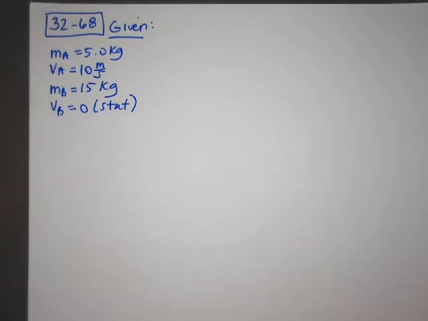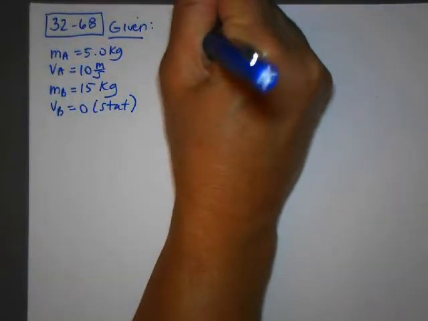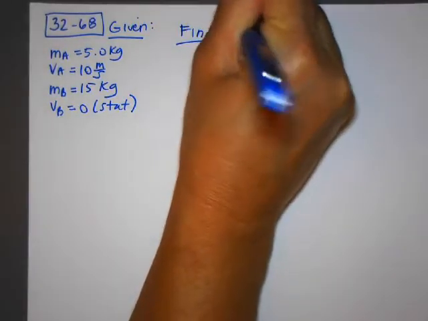So we want to find, so it's perfectly inelastic. So that means that they stick together and they move off with one velocity. So we want to find V prime.